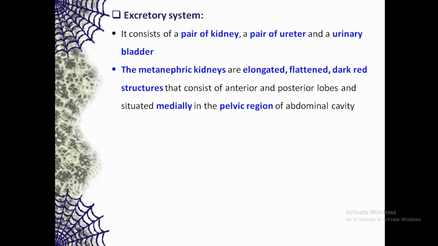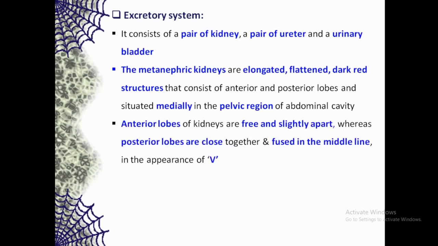The kidneys are situated medially in the pelvic region of the abdominal cavity of the female Calotes. The anterior lobe of each kidney is free and slightly apart, whereas the posterior lobes of both the kidneys lie close together and are fused in the middle line.